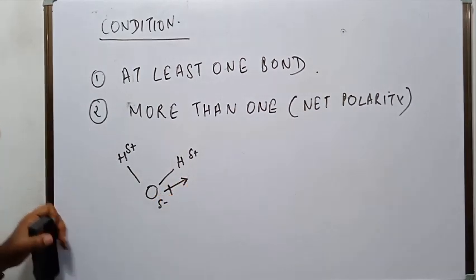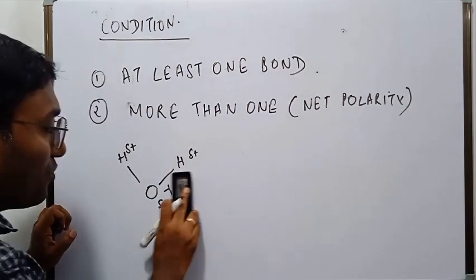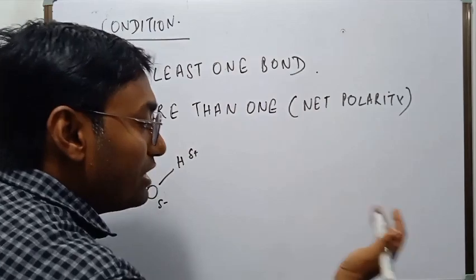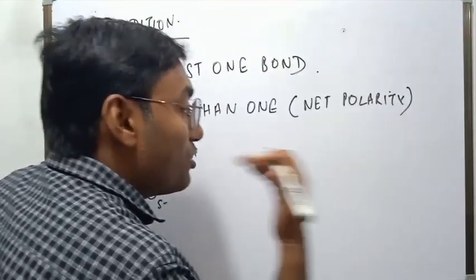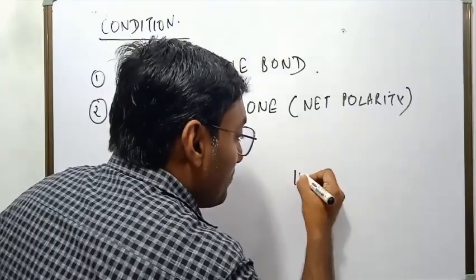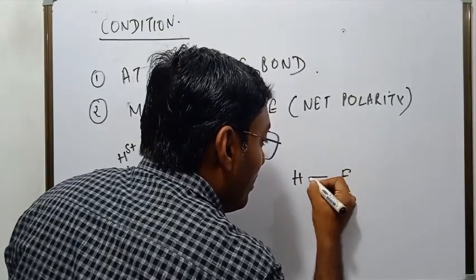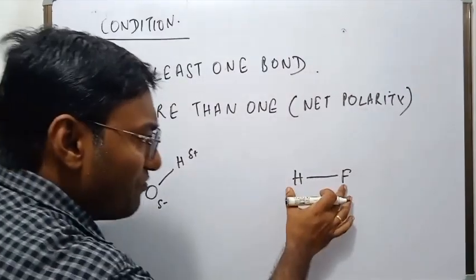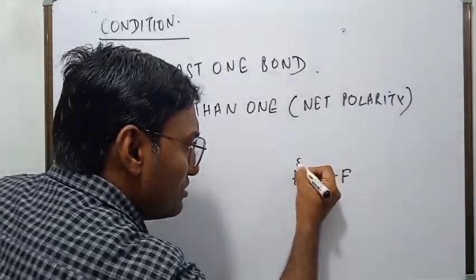Let me tell you one thing which I forgot to tell while I was mentioning dipole moment. Dipole moment is a vector quantity. Vector quantity means it has a magnitude and it has a direction. Suppose this is the dipole, we are taking HF as example. This is the positive center, this is the negative center.